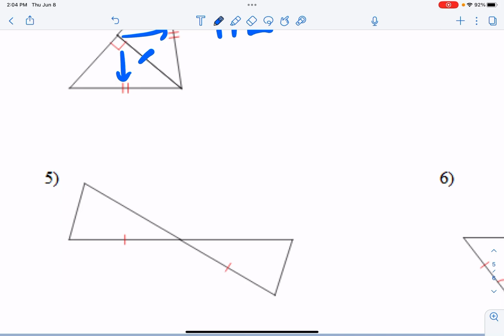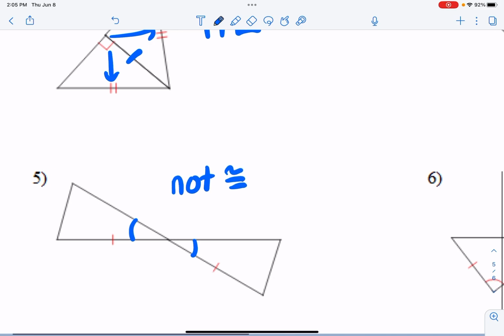Number 5. We have one side marked. I can assume vertical angles are equal. I don't know anything about any of these other sides. They look like they're equal, but I don't know. I have no markings. So these would be not congruent.